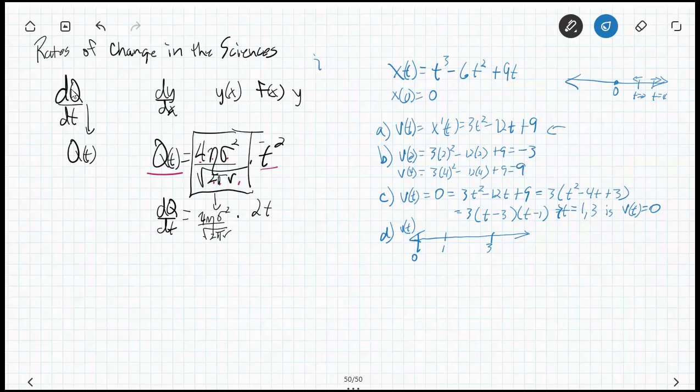Hopefully you learned this in Algebra 2, but if you didn't, that's no problem. We can fix it. I don't care about actual numbers in the spaces between these zeros. What I care about is sign. I care if it's positive. I care if it's negative. So if I pick a value between 0 and 1, call it 1/2, let's see what happens. 3 is always positive. If I put 1/2 in here, 1/2 minus 3 is negative.